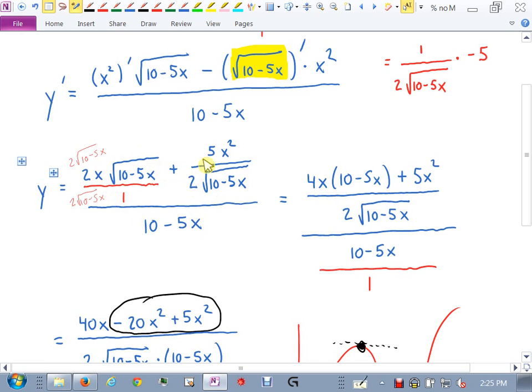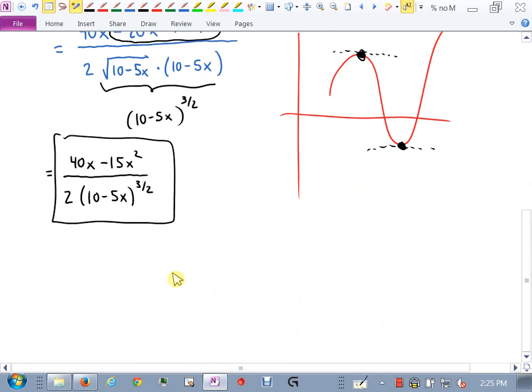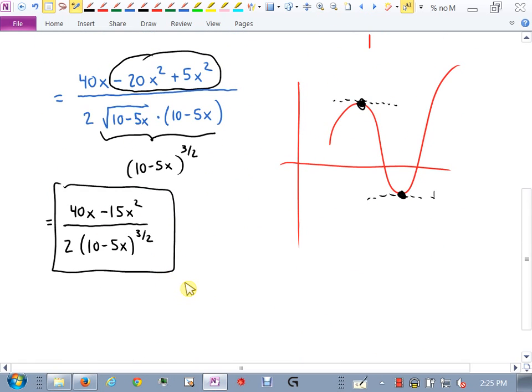Well, there's no way to know what is going to make this 0 unless you simplify it, and now you get it to here, and the only time that you can ever have a fraction be equal to 0 is if the top is 0, and that's relatively easy to set equal to 0. That's a quadratic, isn't it? So you set that to 0 and you solve.